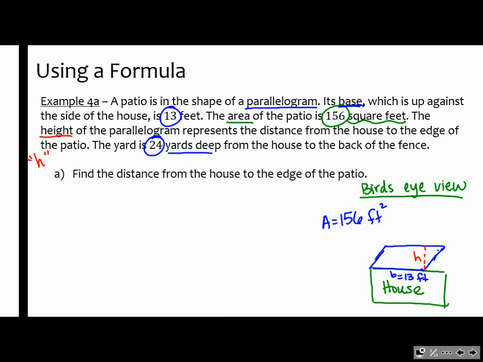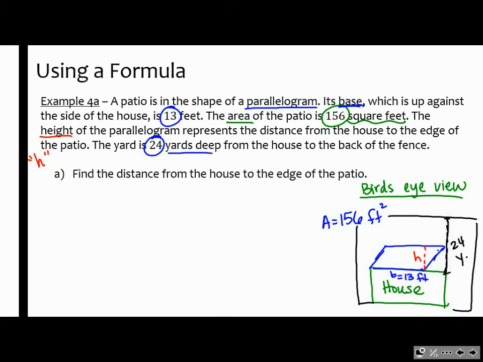The height of the parallelogram represents the distance from the house to the edge of the patio in the yard. I'm not really sure why we need this information, but apparently the yard is maybe some kind of rectangular shape, with some space on the back. From here to here is 24 yards. Not really sure why we need that information.